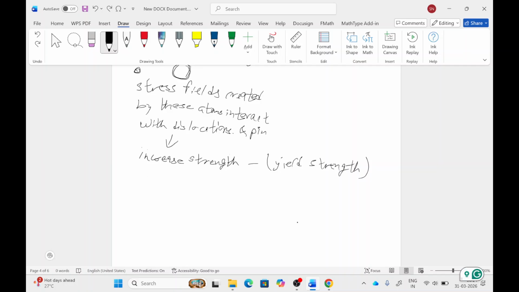The solid solutions are generally of two types: one is substitutional and the other is interstitial.